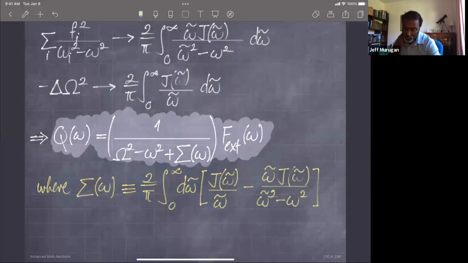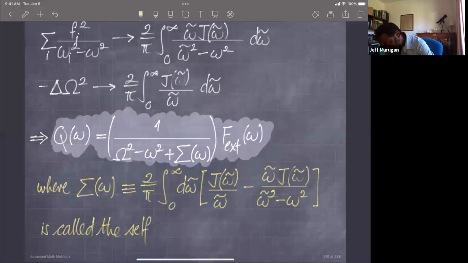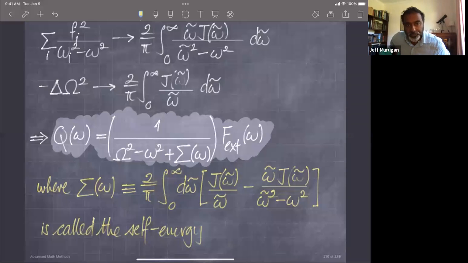And this quantity here is called the self-energy, a term that derives from the initial application of these methods to high energy physics. This is called the self-energy of the variable Q. Okay.